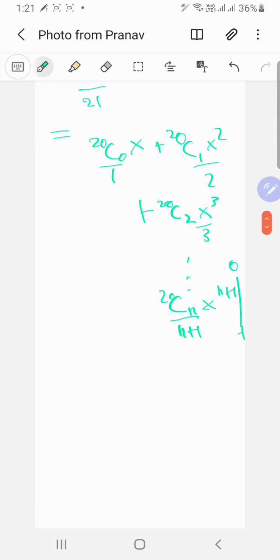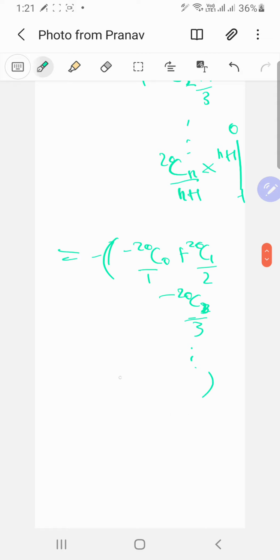When you put 0 over there, you just get 0. When you put negative 1, you gotta subtract the lower limit, right? So negative of, when you put negative 1, you get negative 20C0 upon 1, and then positive 20C1 upon 2, and then negative 20C2 upon 3 and so on.